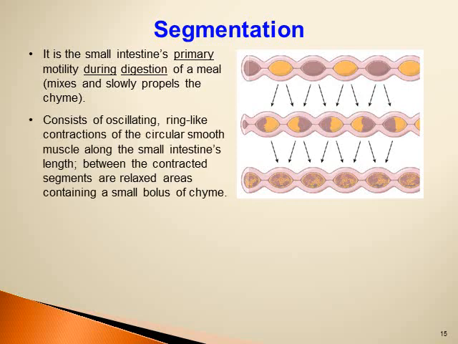The segmentation consists of oscillating ring-like contractions of the circular smooth muscles of the muscularis externa along the small intestine's length. So between the contracted segments are relaxed areas, as we see here in this figure.